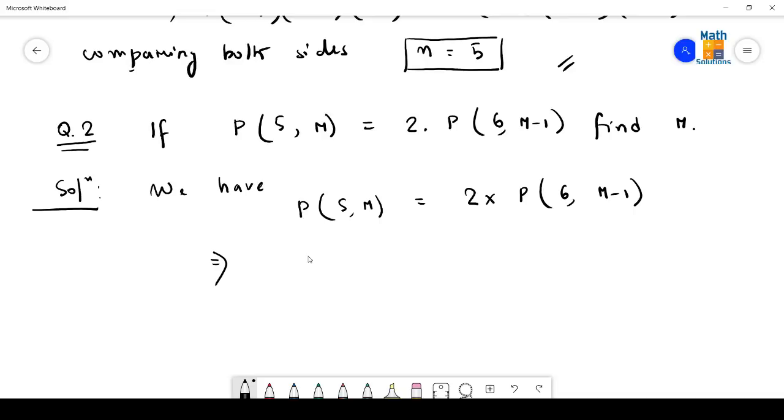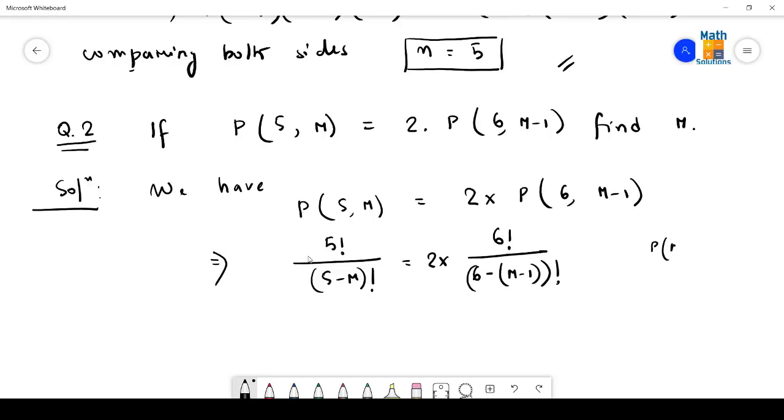Using the formula for permutation, 5 factorial divided by 5 minus R factorial is equal to 2 into 6 factorial by 6 minus R minus 1 whole factorial. Which formula am I using here? P n comma R is equal to n factorial by n minus R factorial. So this is the formula used here.